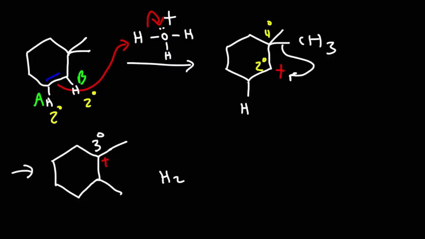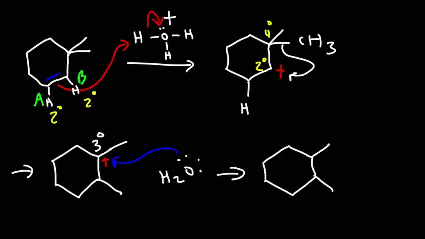And now at this point, water can react with the tertiary carbocation. And what we're going to get at this point is something known as an oxonium ion. And then we're going to use another water molecule to remove one of the hydrogens, and this will give us an alcohol.